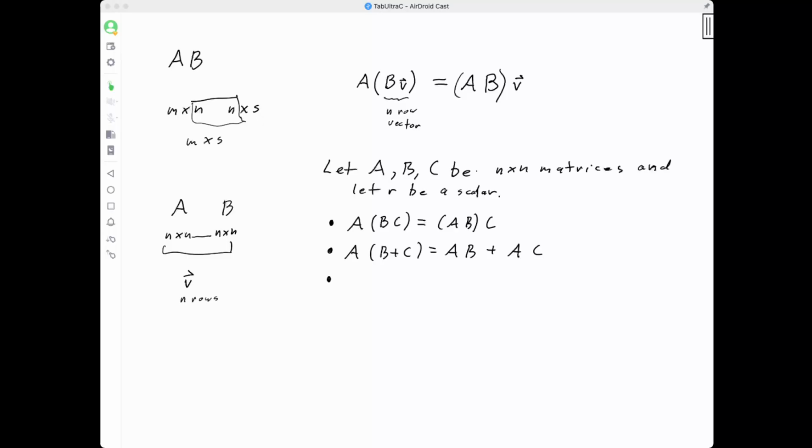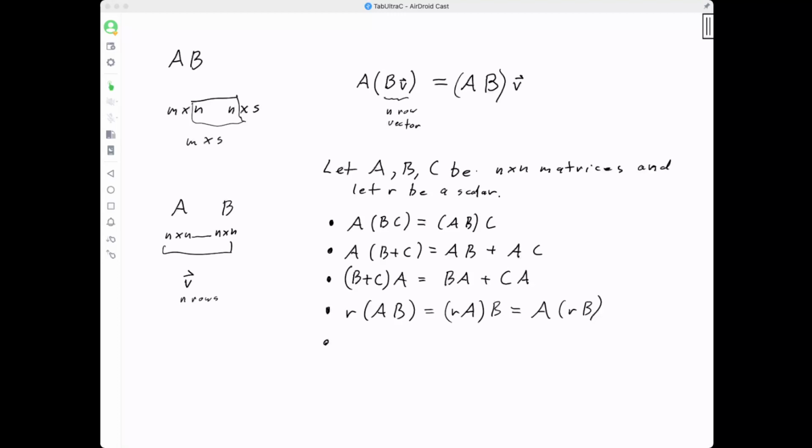Third, the matrix B plus C times A is equal to the matrix BA plus CA. The fourth, the matrix R times AB is equal to RA times B, which is equal to A times RB.